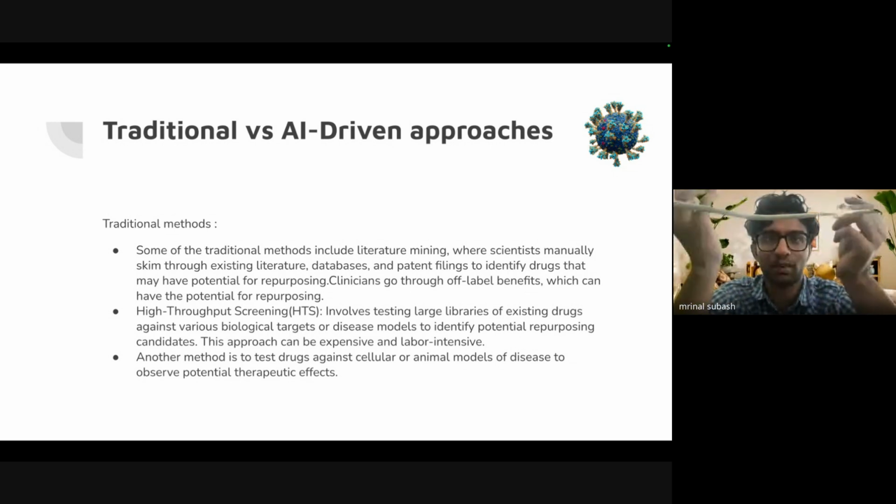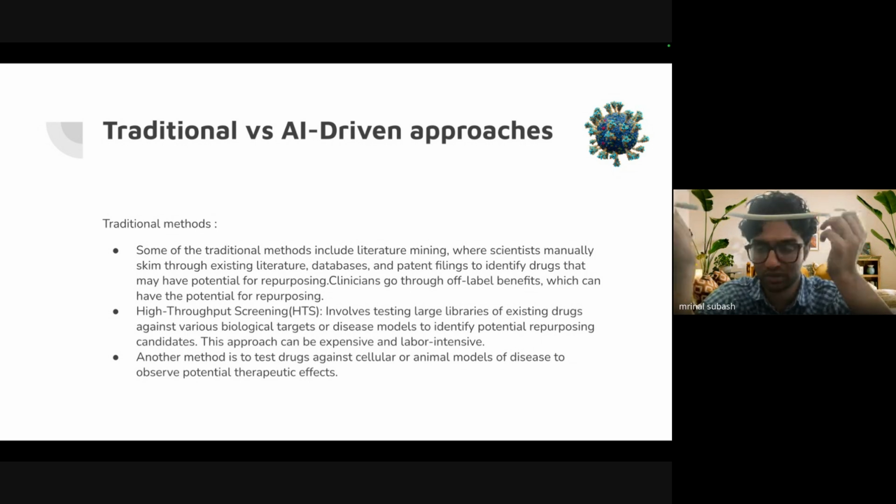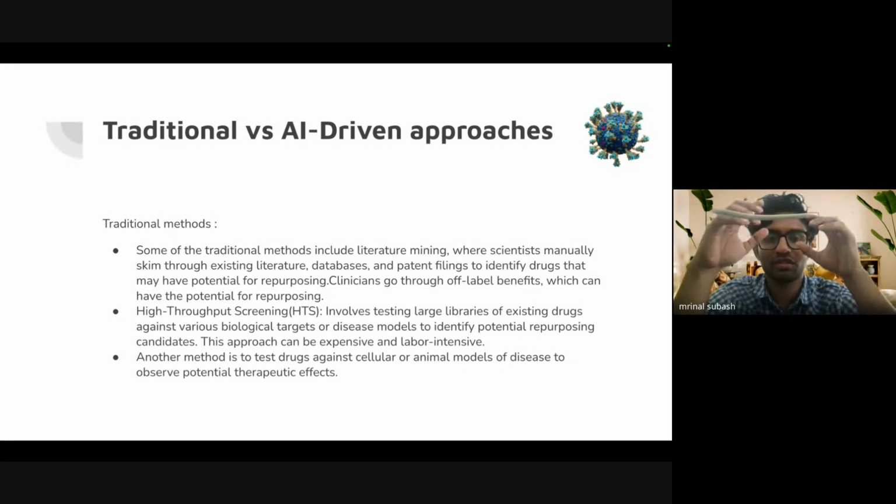Take a common example like paracetamol, which can treat migraine or headaches: it is targeting a certain molecule or a protein in your body. These are called target binds.